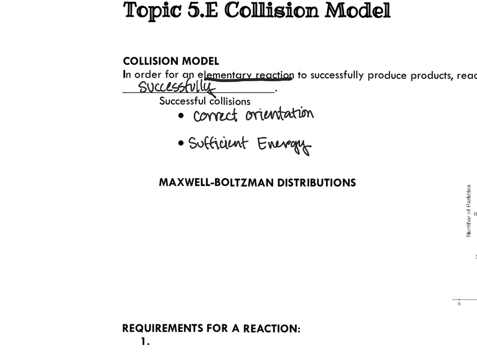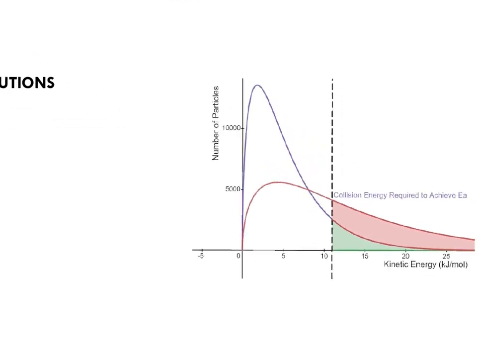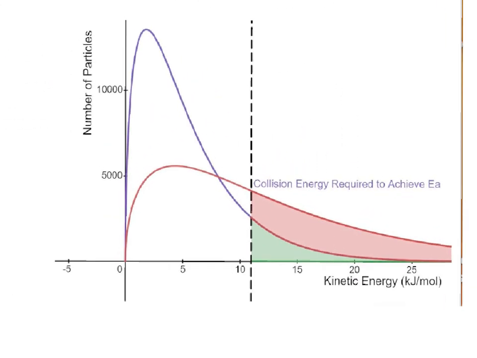So with this, we do look at our Maxwell-Boltzmann distributions. And again, here we're not necessarily looking at speeds, but we are looking at kinetic energy, okay? Here we've got our different amounts of kinetic energy.